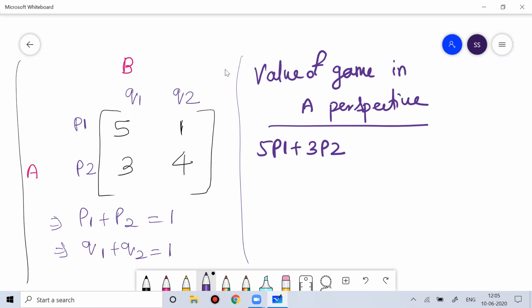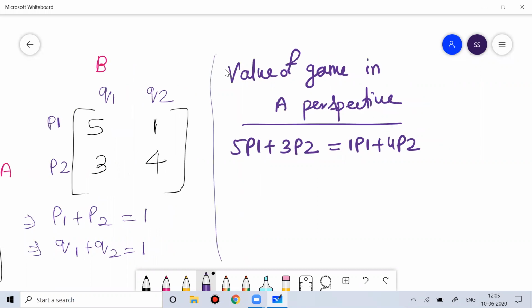In that same perspective, this is equal to 1P1 plus 4P2.